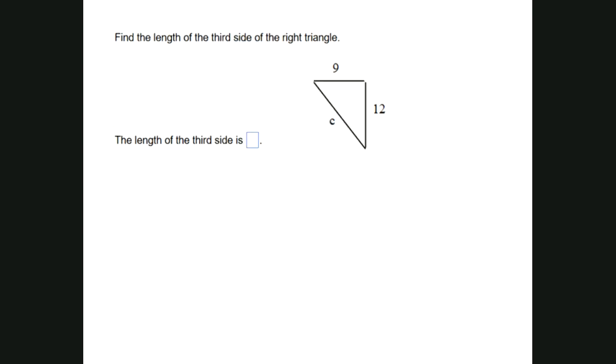Let's try the next problem. Find the length of the side of the right triangle. All right, in this case, this is my 90-degree angle.